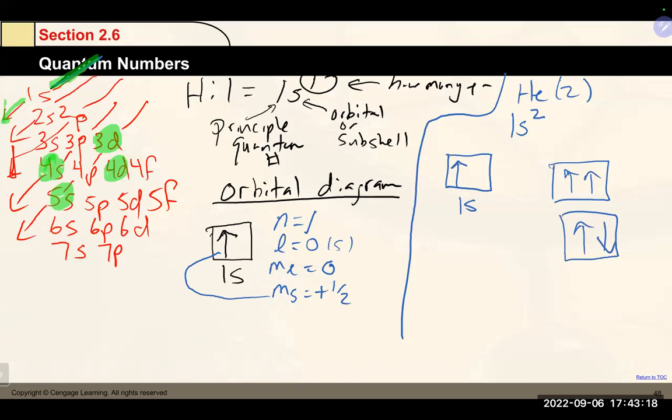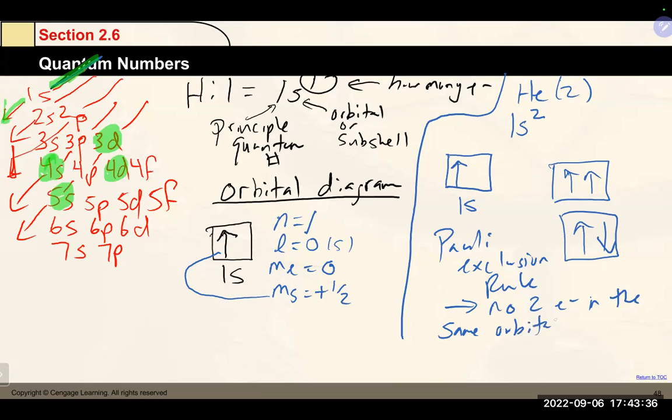And there really is a rule as to what we want to follow in this case. This is what is known as the Pauli exclusion rule. The Pauli exclusion rule says that no 2 electrons in the same orbital can have the same 4 quantum numbers.